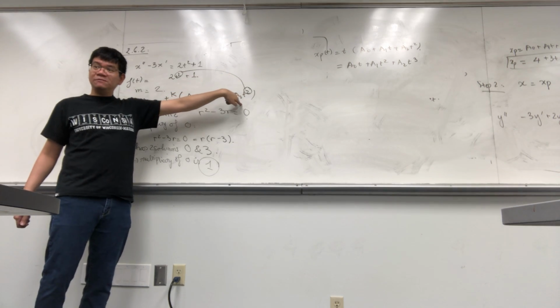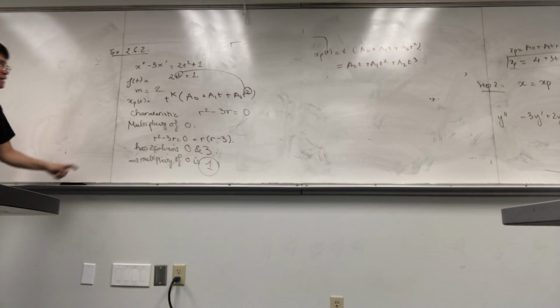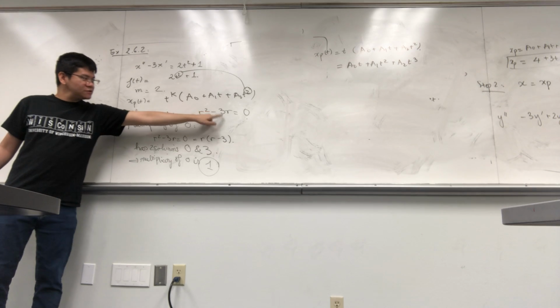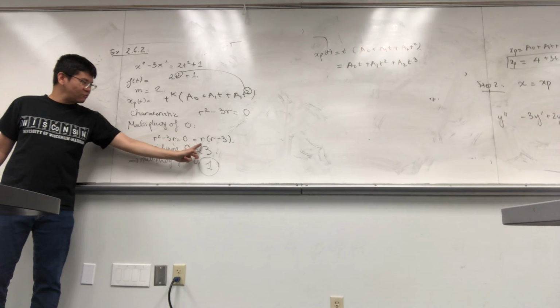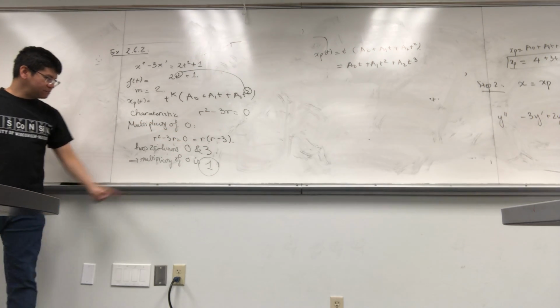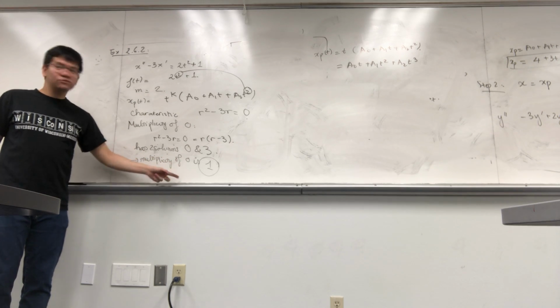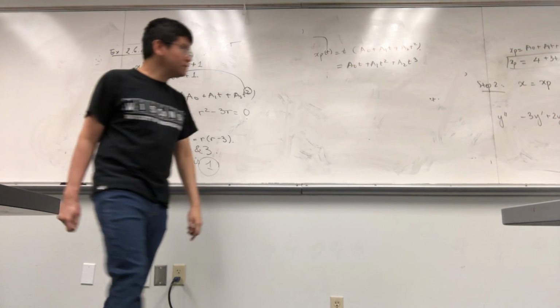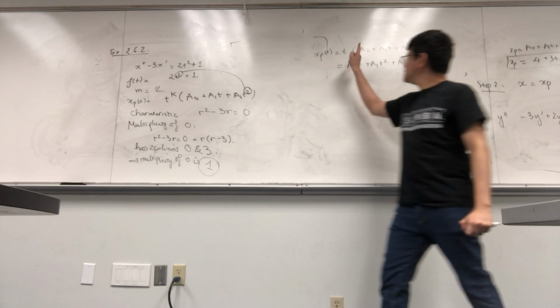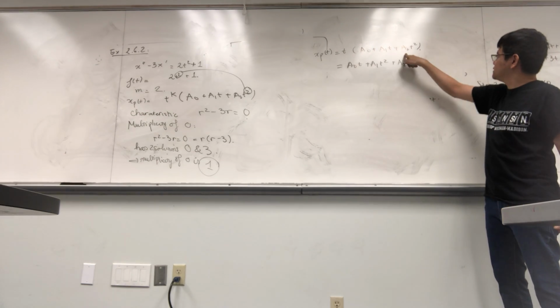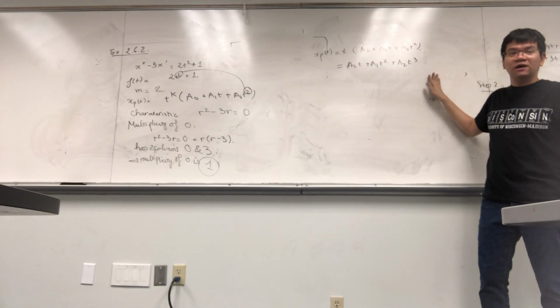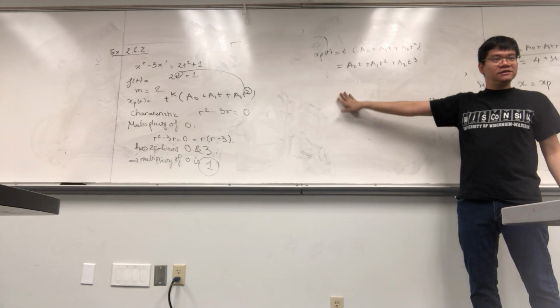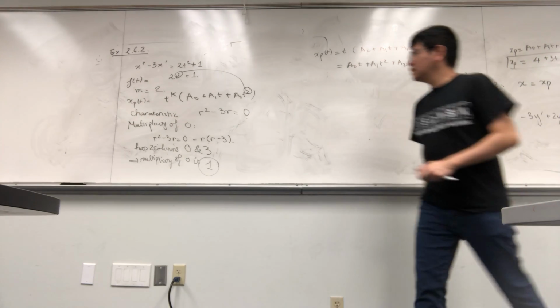You stop at 2 because m is 2. The characteristic polynomial is r squared minus 3r equals 0. When you factorize, 0 is a solution, so the multiplicity of 0 is 1. So xp will be t times (a0 plus a1 t plus a2 t squared), and multiplying t inside, you get this one.